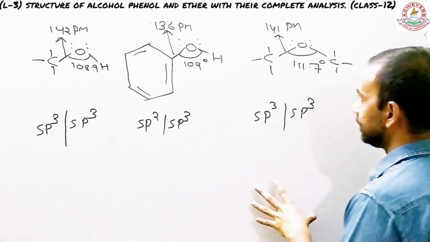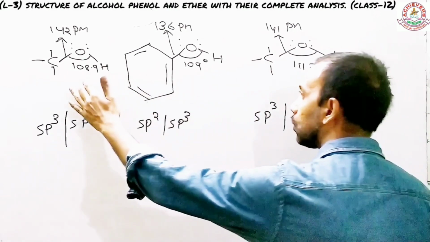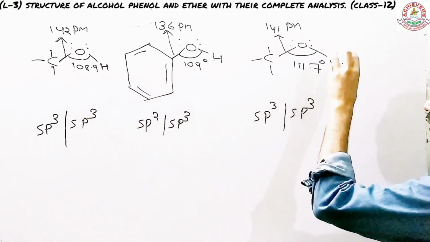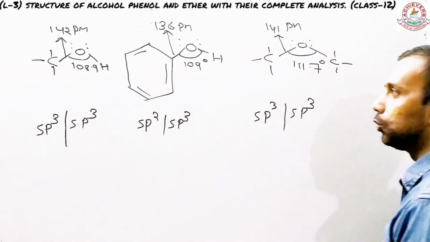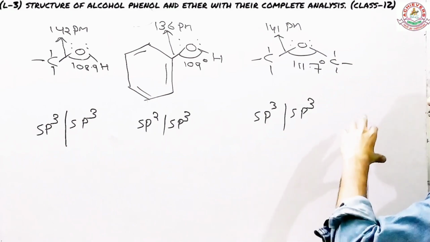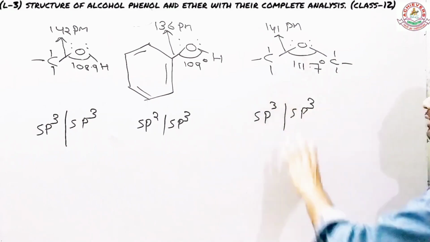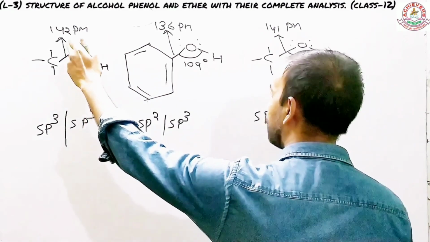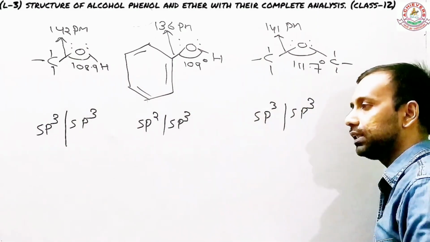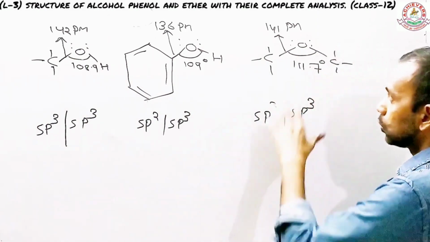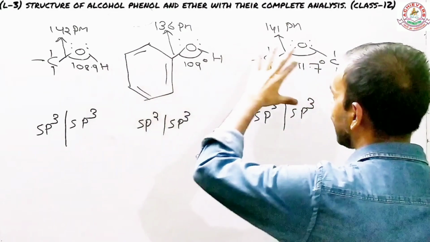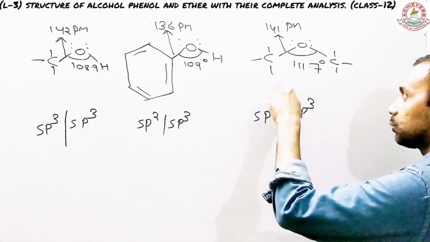So what is the conclusion? Because in the alcohol and in the ether, the oxygen is bonded to an alkyl group, that's the reason the bond length between carbon and oxygen is almost similar. This 142 and 141 doesn't seem to be widely separated. So that's why these two have similar bond lengths, but this one is slightly less.